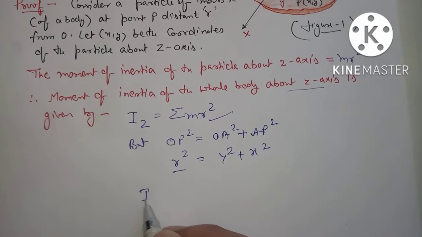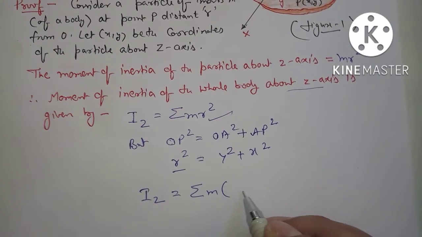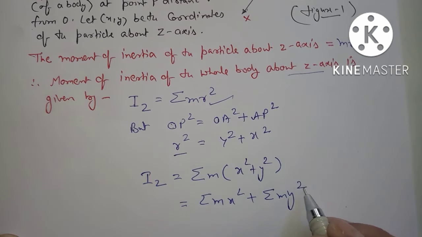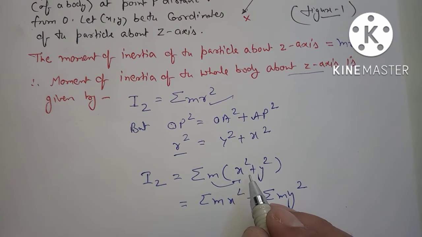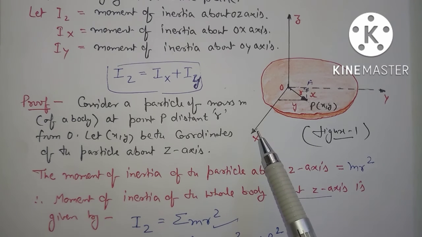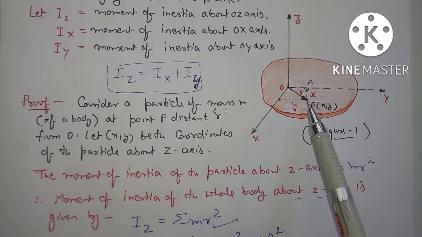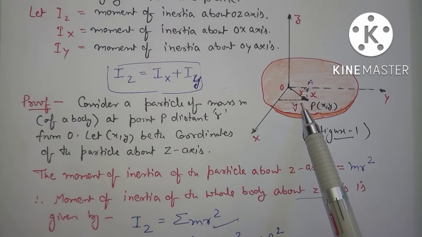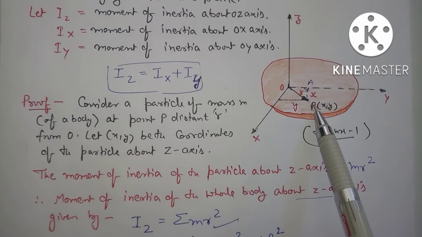We get Iz equal to summation m times x squared plus y squared, and this is equal to summation m x squared plus summation m y squared, when we distribute the m inside. Here, for the moment of inertia along the x-axis, the distance of point P from the x-axis is y, and the mass of the particle at point P is m.